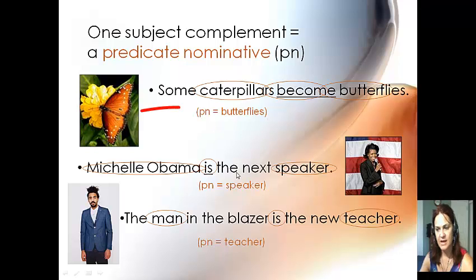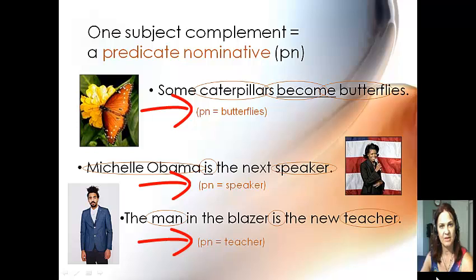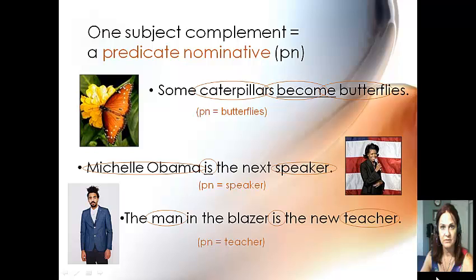We have butterflies, speakers, teachers. What do they have in common? Butterflies, speakers, teachers. That's right, they're all nouns. So predicate nominative has to be a noun. Okay, when your subject complement is a noun, it's called predicate nominative.